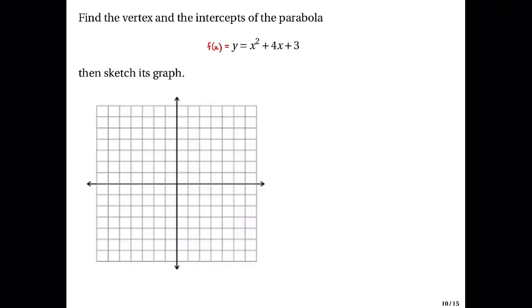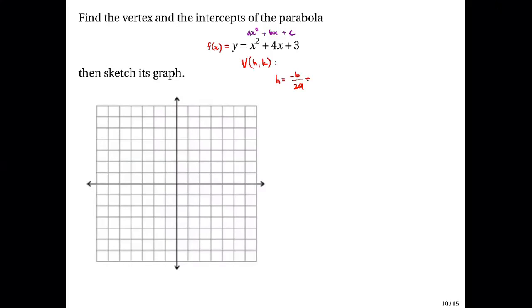And for the vertex, you have h comma k, with h equal to negative b over 2a. Correct? Negative b over 2a. And in here, this is of the form ax squared plus bx plus c. So a is 1, b equals 4, c equals 3.